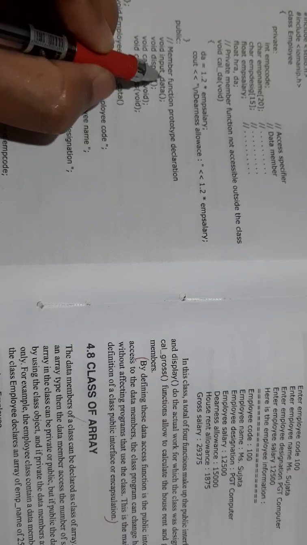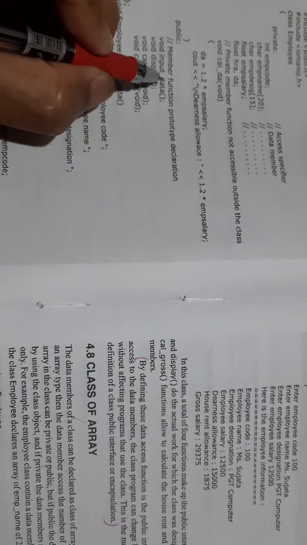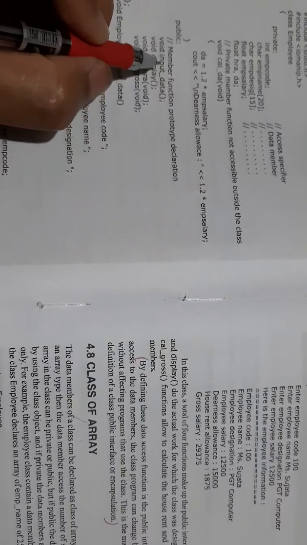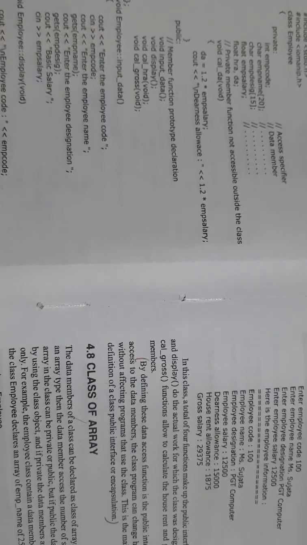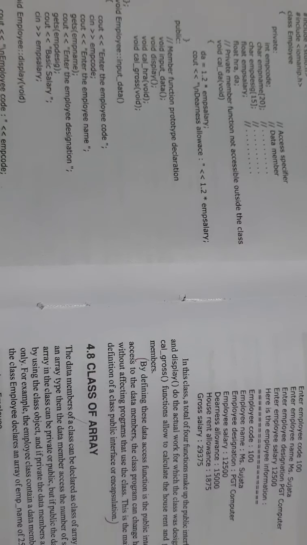The input data is doing the actual work. That means whatever you are entering from the keyboard, this member function input data will accept, and display will display. The member functions calculate HRA and DA are part of the formula logic to be executed, so this will activate the formula.